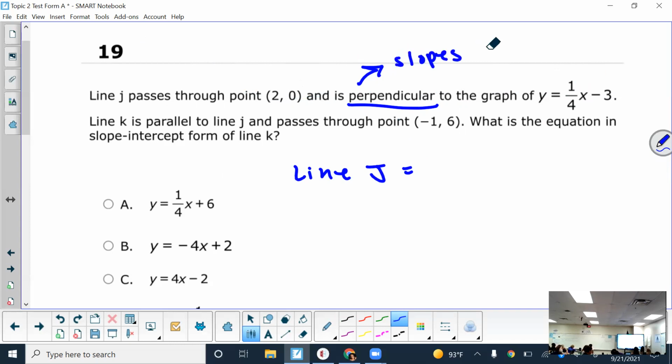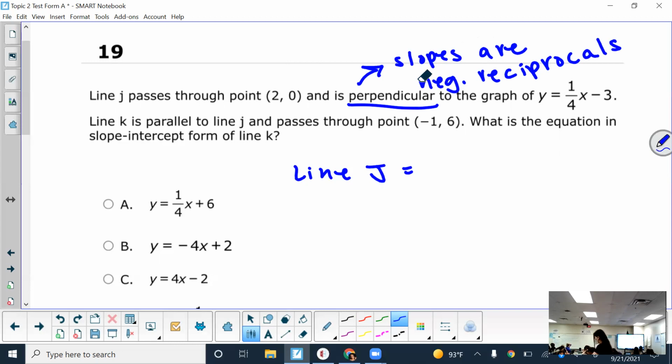All right, then you all should be writing this down. The slopes are negative reciprocals if they are perpendicular to each other.